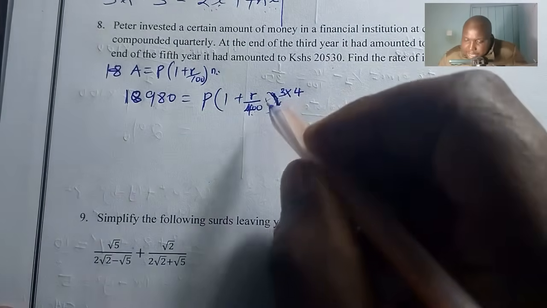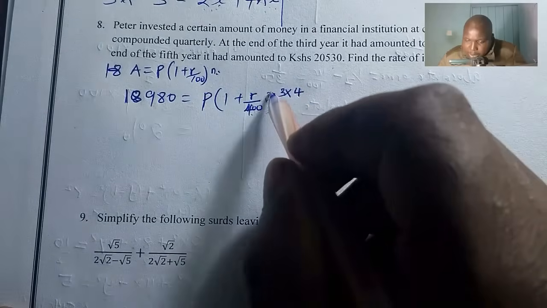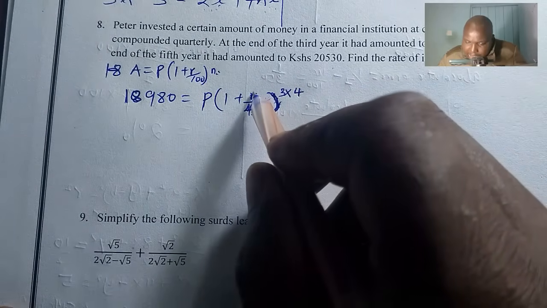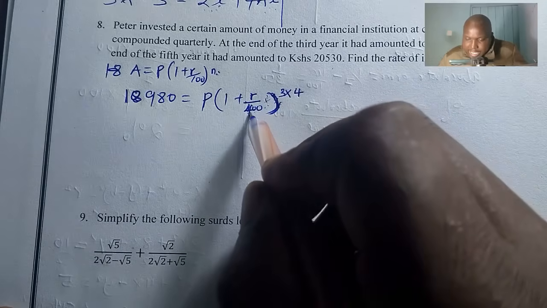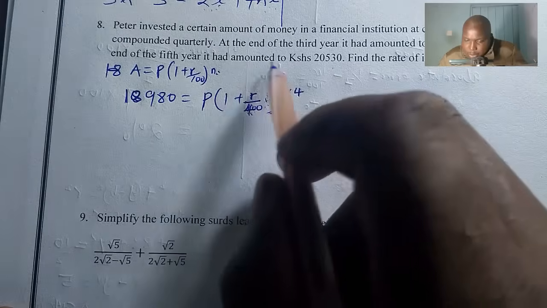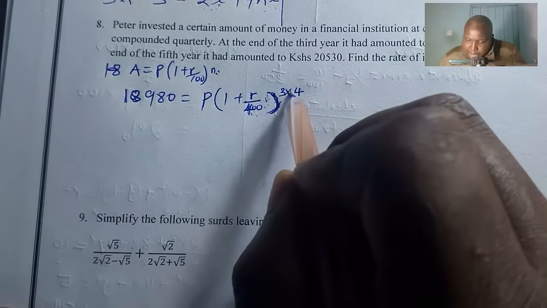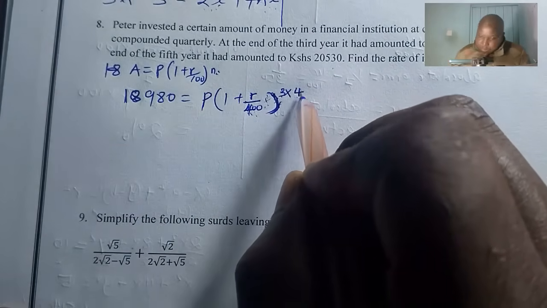So you multiply with 1 over 2 if it is half yearly, or 1 over 4 if quarterly. So r times 1 over 4 over 100 becomes r over 400. Then you multiply the n. Our n was 3 times 4, which is going to be 12.